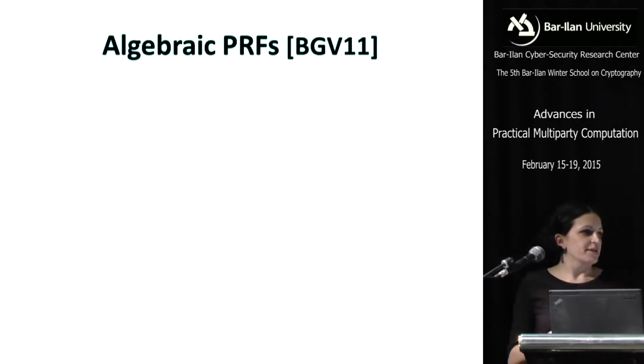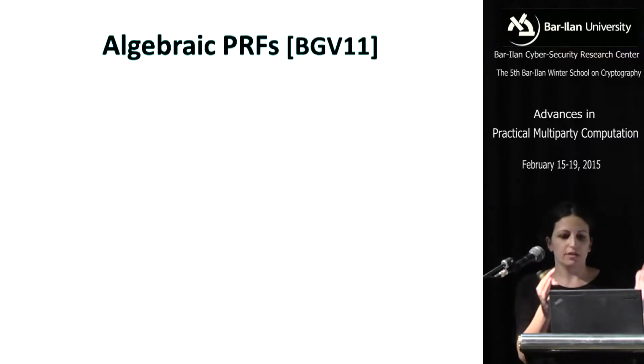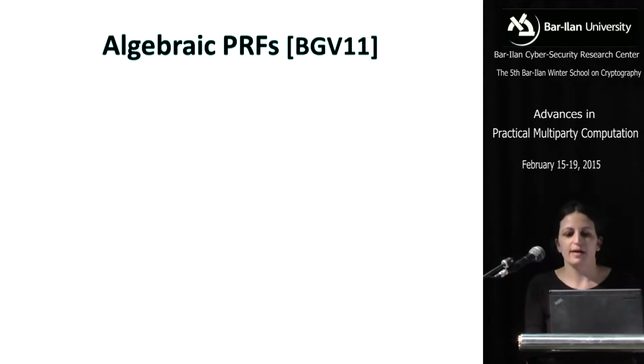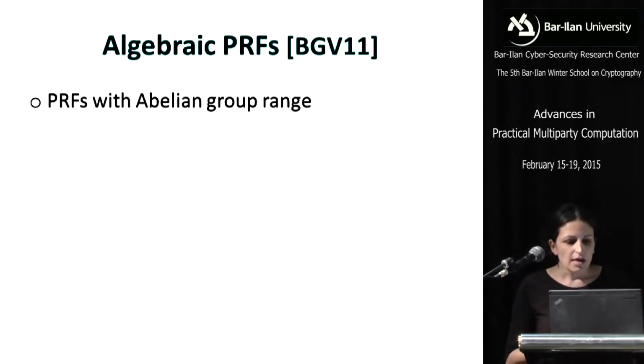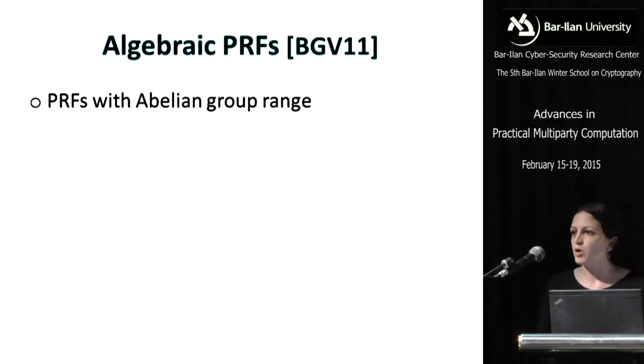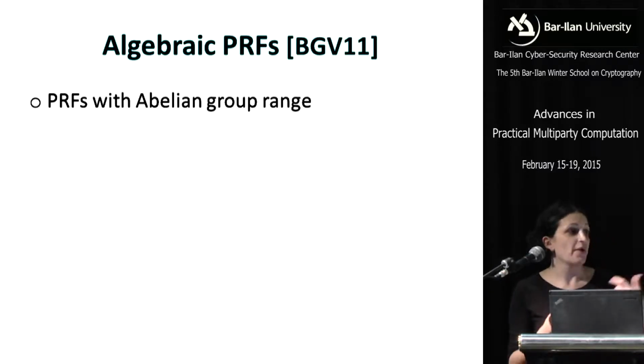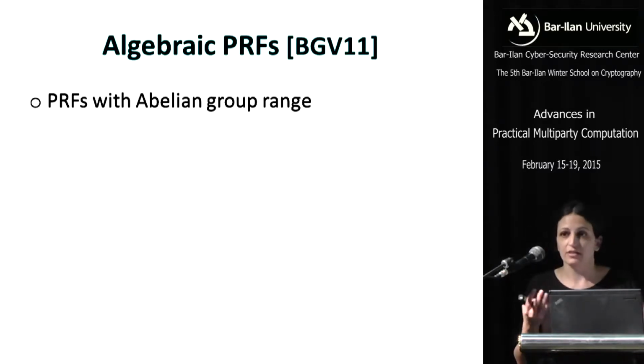Algebraic PRFs were introduced, at least in the way I am going to discuss here, by Benabbas, Gennaro, and Vahlis in 2011. They have two additional properties. First, the range is essentially an abelian group.